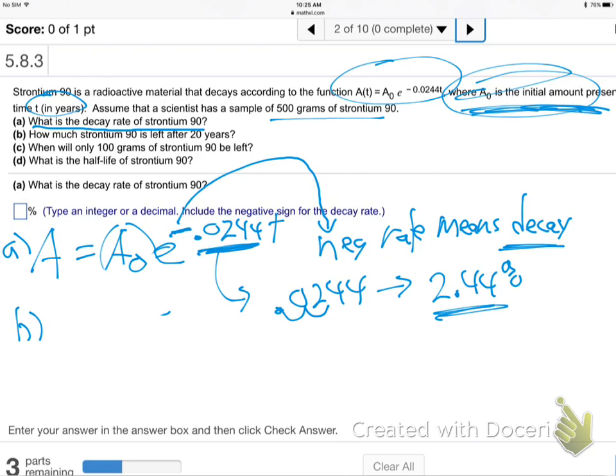Question B. How much strontium 90 is left after 20 years? So 20 years of letting it sit there, how much will be left? Let's write the formula. A0 e to the minus 0.0244 t. So 20 years.